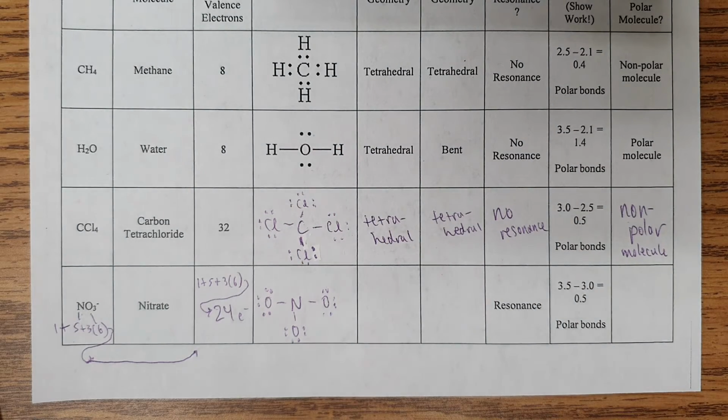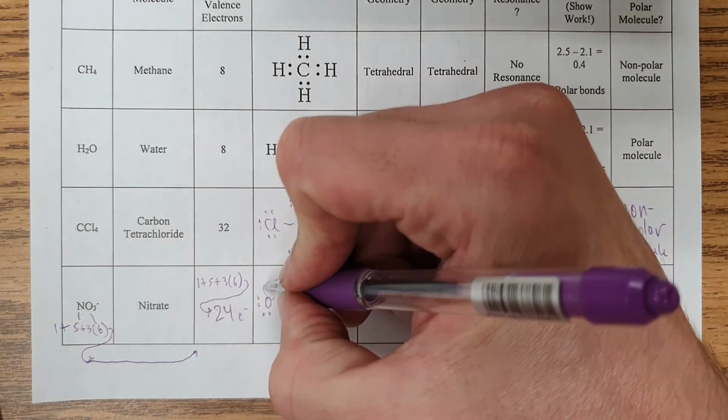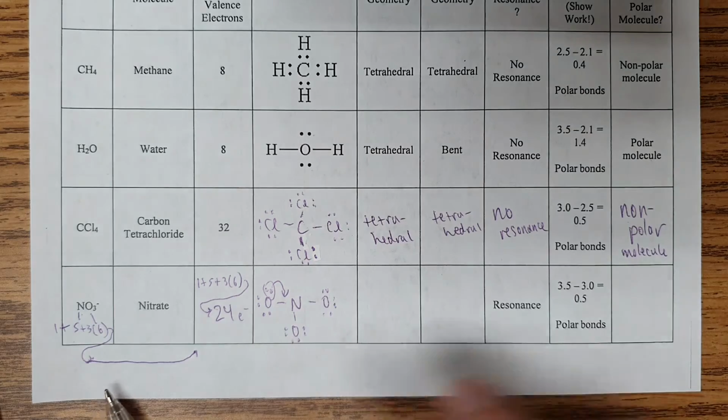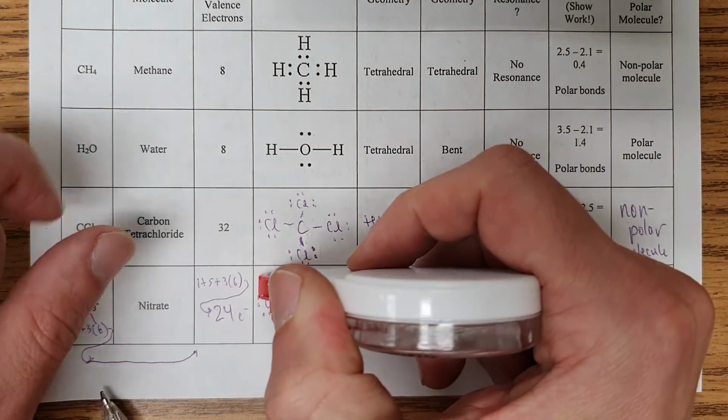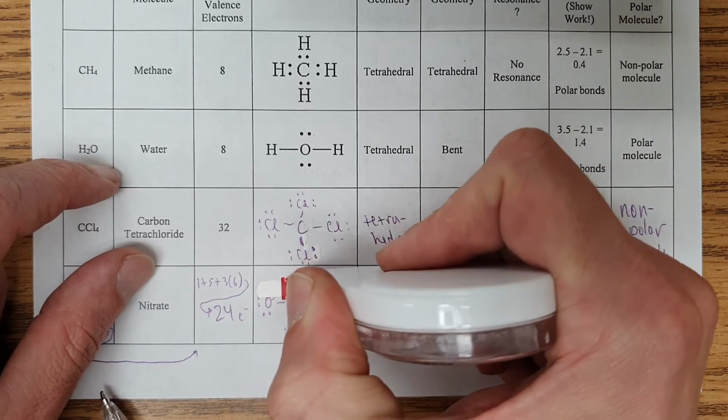Oh, okay, well, that's it. So I have the correct number total, and I satisfied the octet rule for oxygen here, satisfied the octet rule for this one, satisfied the octet rule for this one, but not for this one. So what do I do? I take one of these and bring it here to make it a multiple bond, and it could have been this one, it could also have been this one, so I didn't really pick this one for any good reason at all, just because.